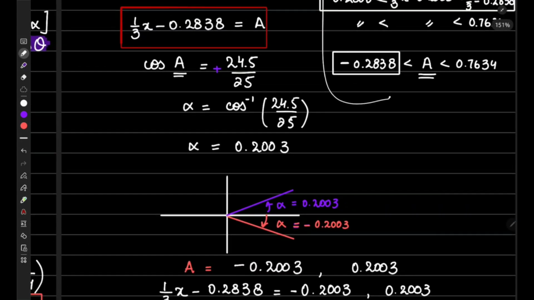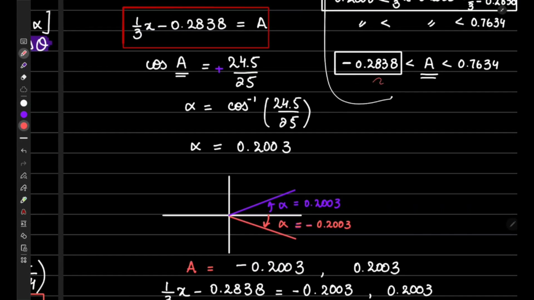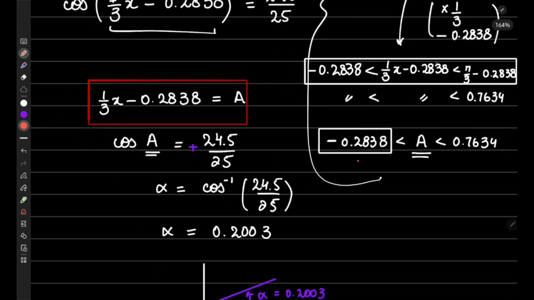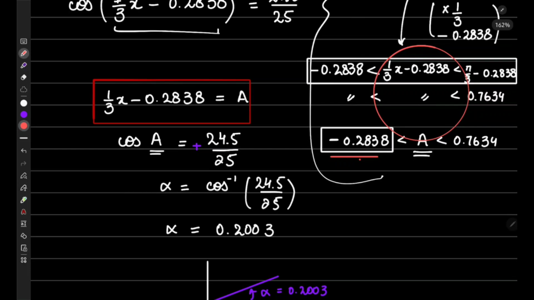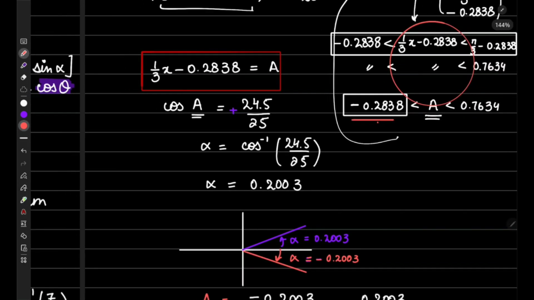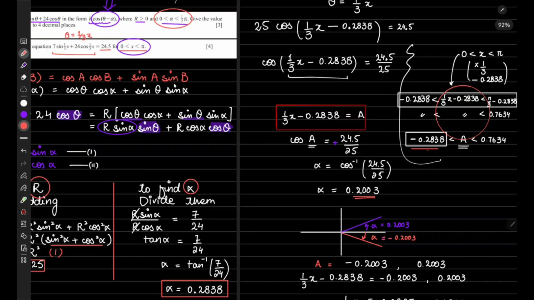And one very important thing: if you don't do this whole working, you will never be able to identify that you have a negative angle also. You will skip this. But when you do this working, you will come to know that there is one negative angle that actually lies in this range, because it is less than minus 0.2838, that is minus 0.2003. So this is super important to do, otherwise you will skip some of the solutions and some of the marks.